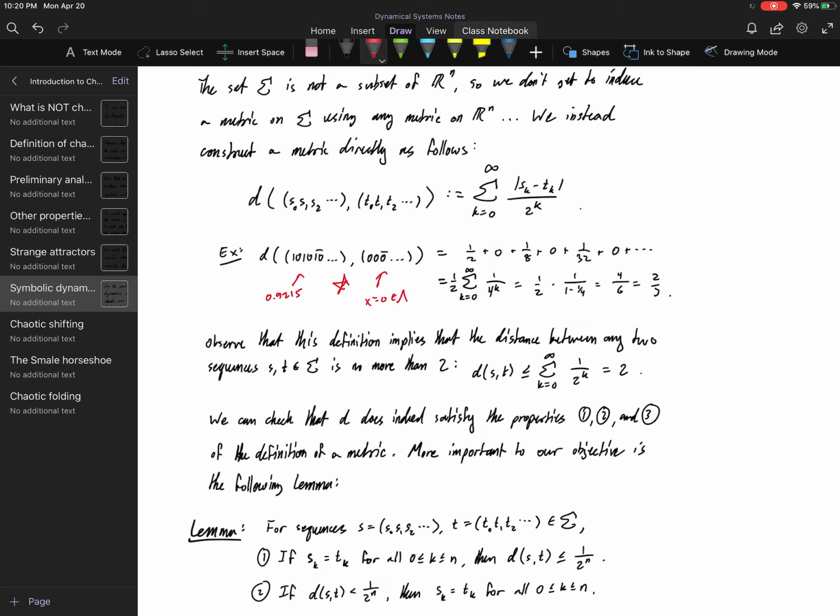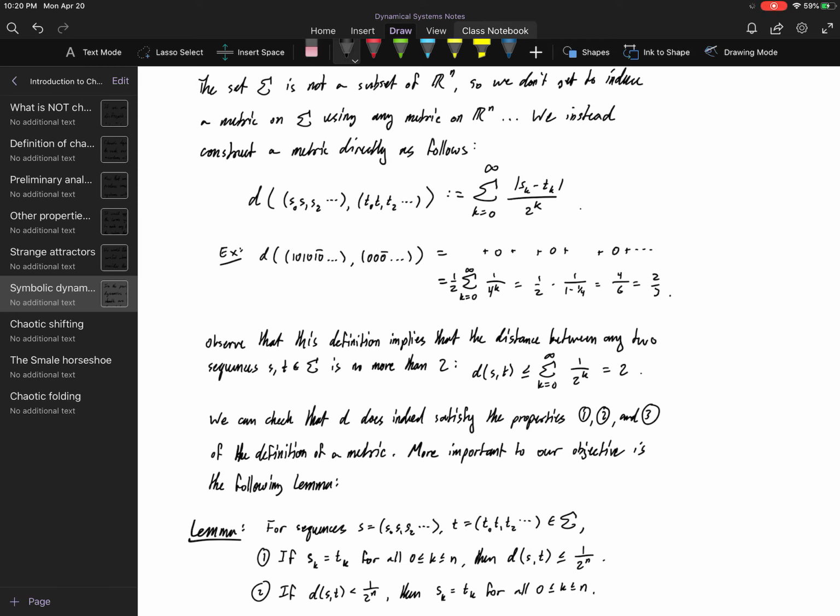This would be where these map inside of the set of binary sequences. These two locations on lambda are a distance of about 0.9215 apart, but if we map them into the set of sequences with this particular metric, we notice that these are only ever different on the odd components. Technically I did that wrong, so let's fix it now.